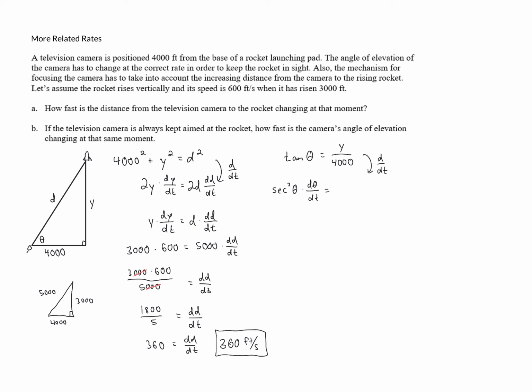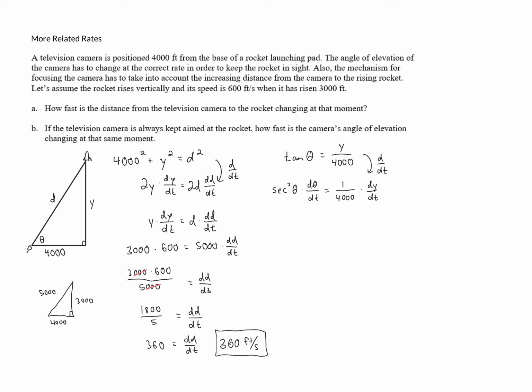The right-hand side, the derivative of y over 4,000 is just 1 over 4,000 and then times dy over dt. So at this point, we just have to substitute in the different values that we have. On the right-hand side, we know dy over dt is 600 feet per second. It's the same as it was in the other problem.